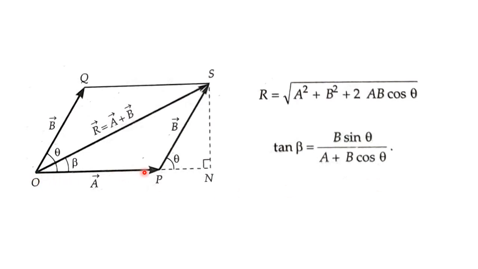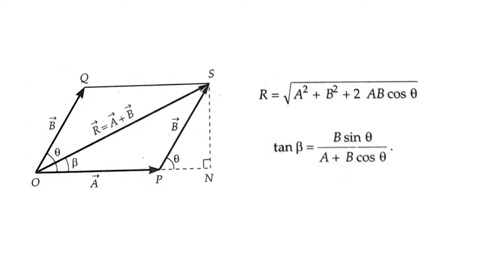If you are given a vector A and another vector B, and there is an angle theta, now if we draw a resultant according to the parallelogram law, which we have discussed in our previous class, in this case this resultant vector will be the sum of the vector A and your vector B, and the magnitude of this resultant vector will be A square plus B square plus twice AB cos theta, and the direction of this resultant vector will be tan beta equals B sin theta divided by A plus B cos theta. Fine.